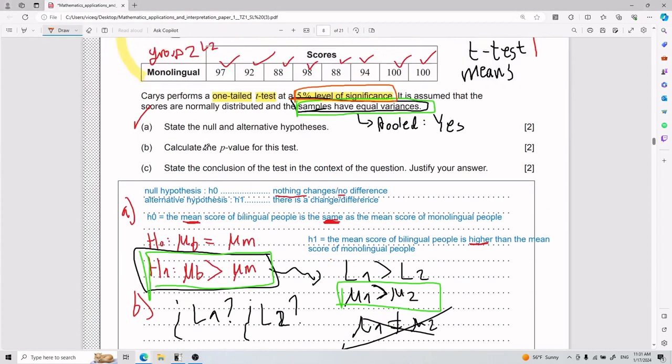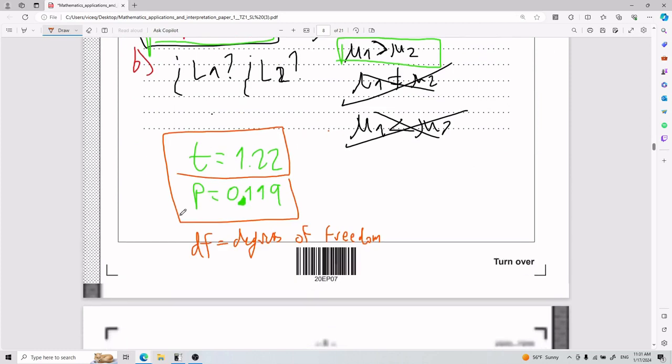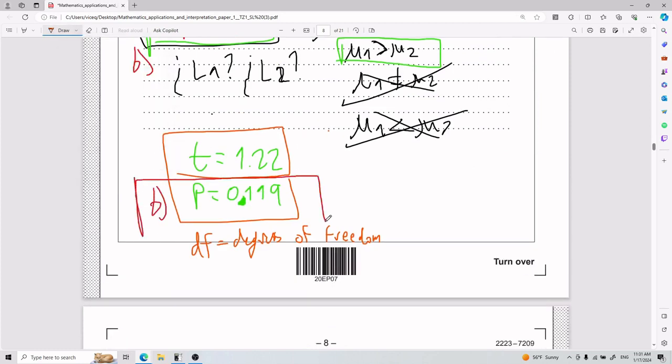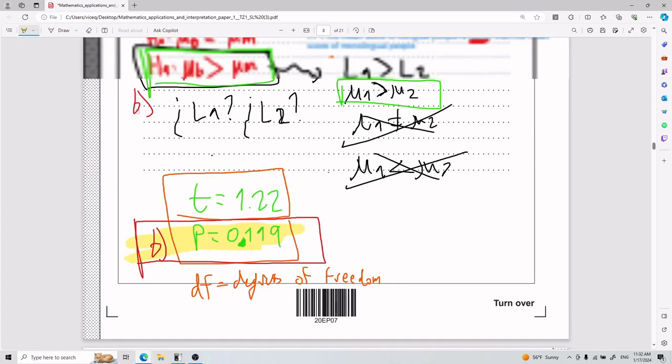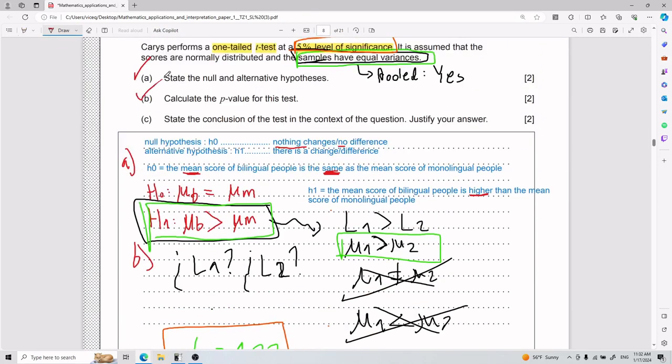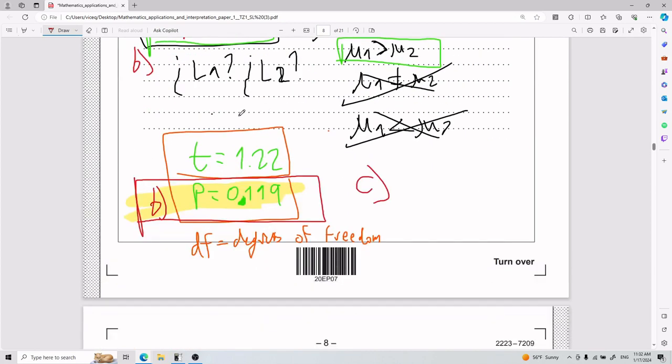And so for part B, the value of P for this test is literally right there. So part B is this. Kapow. Not that bad, eh? Not that bad. And now for part C, we need to state the conclusion of the test in the context of the question. All right, so how do you interpret this?